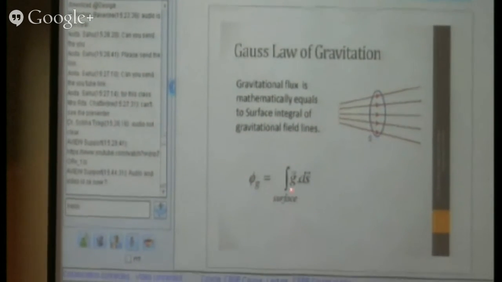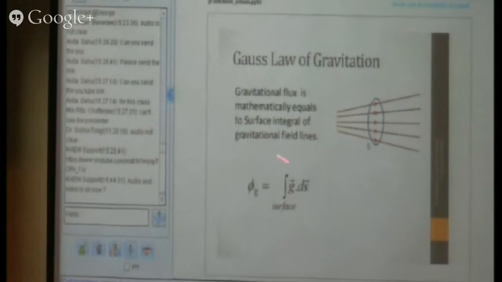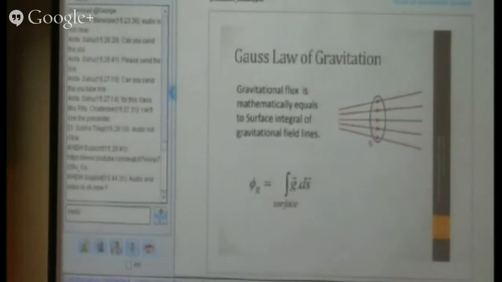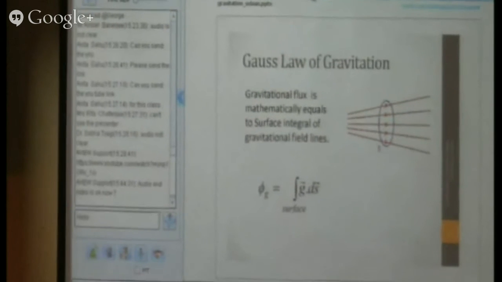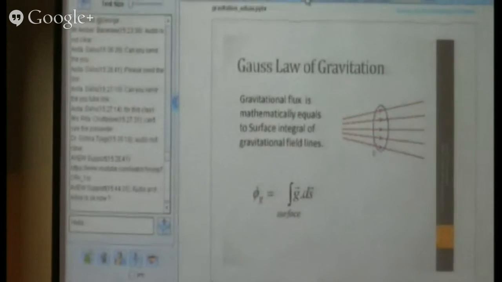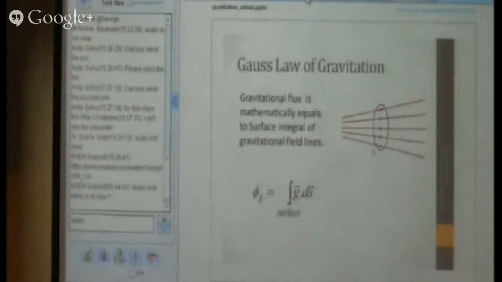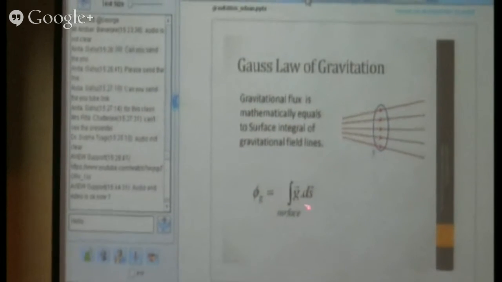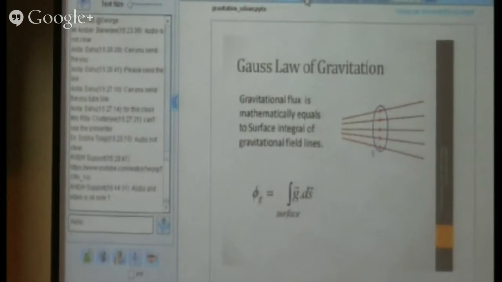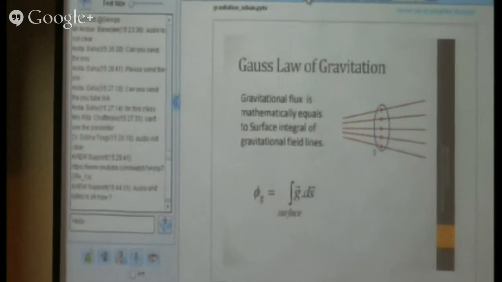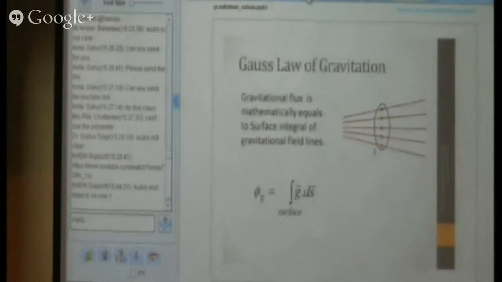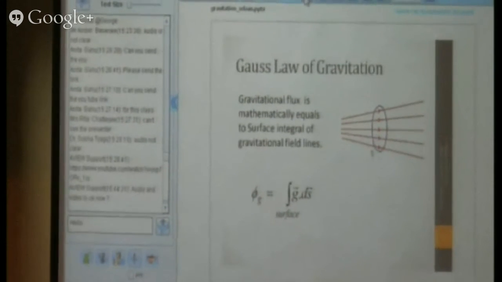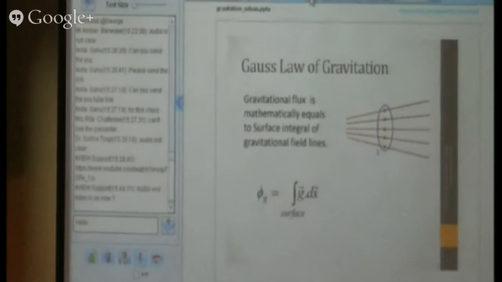Instead of dealing with a vector quantity, by taking a gravitational flux, now I have changed it to a scalar quantity, which is more convenient to handle, right? I can do it with gravitational field intensity, no problem. I can handle the problems of gravitation by using a vector quantity. But if I can do it with a scalar quantity, it will be an ease for me, right? We'll exploit this concept in solving the problems in an easier way.